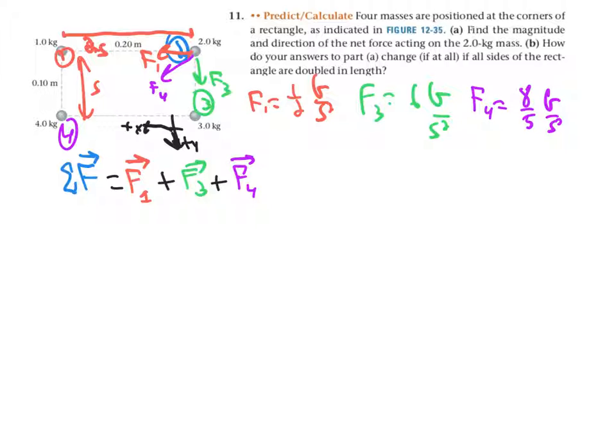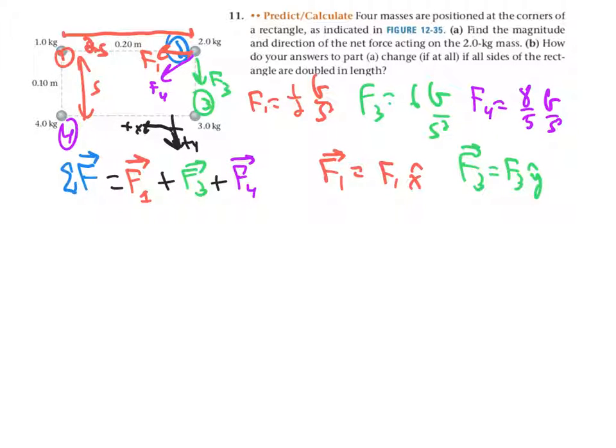But F4 is going to be annoying because F4 is not going to be either in the x hat or y hat direction. In other words, what I'm saying is F1 is the magnitude of F1 times x hat by construction, and F3 is the magnitude of F3 times y hat by construction.